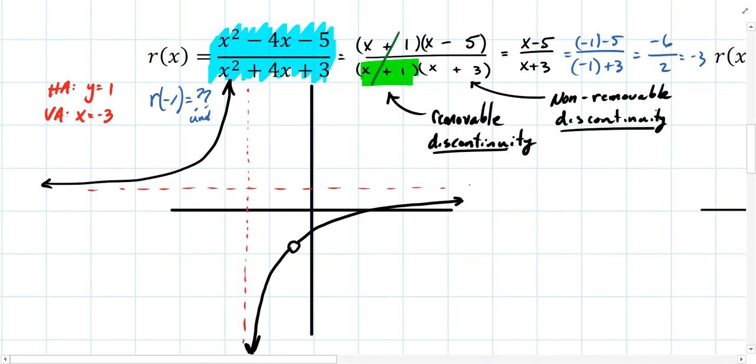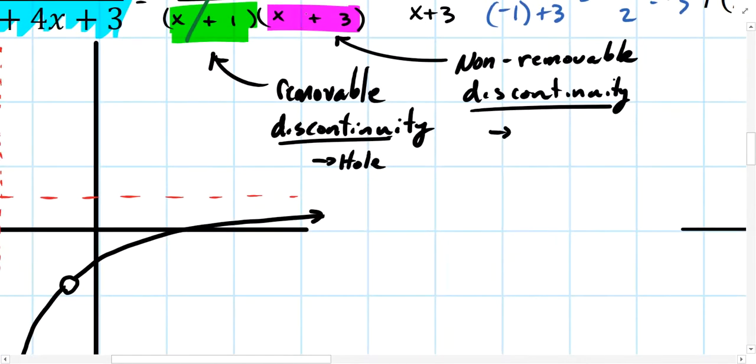It separates at these x values. The removable discontinuity, we call that removable because it was factored out and disappeared. This removable discontinuity created a hole in the graph, whereas our non-removable discontinuity, what couldn't be factored away, ended up creating an asymptote.